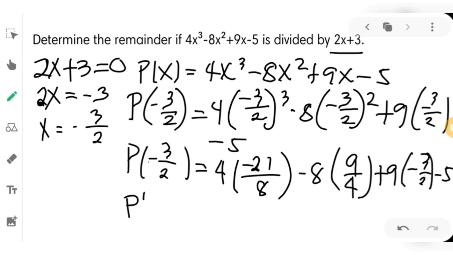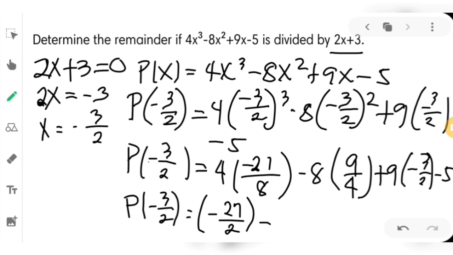So p of negative 3 halves is equal to, we have negative 54. No, it's not negative 54. So we have negative 27 over 2 minus 18. 9 times negative 3 halves is negative 27 over 2, minus 5.